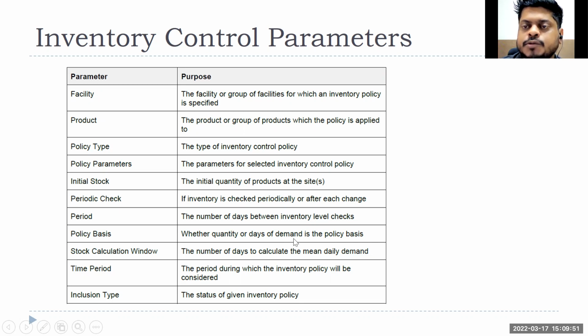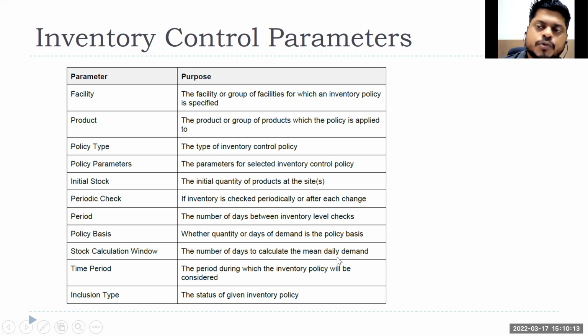Policy basis: whether quantity or days of demand is the policy basis. On what basis are you ordering: a fixed quantity policy or a fixed day policy? Every 7 days you put an order, or whenever you put an order you put a fixed quantity, or both of them. Stock calculation window: the number of days used to calculate the mean daily demand.